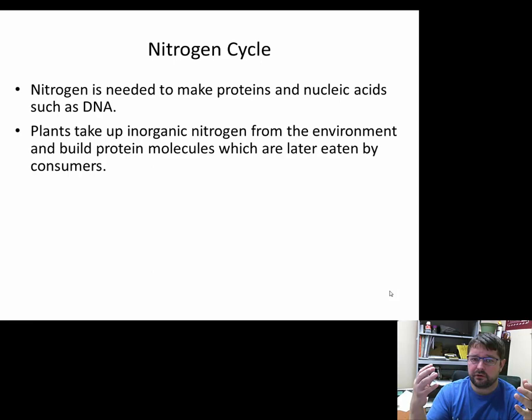Okay, and some of the protein that plants make are going to be incorporated into seeds and things like that. But overall, the nitrogen cycle is very important for muscle building organisms, animals mainly.